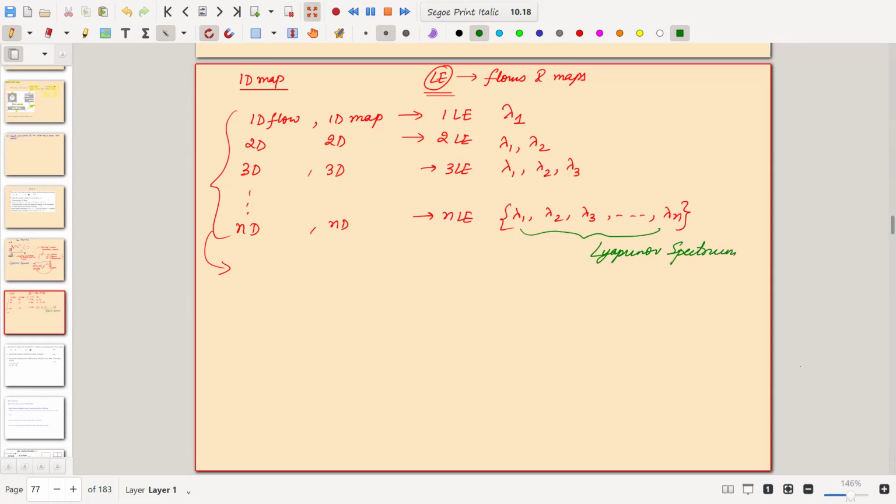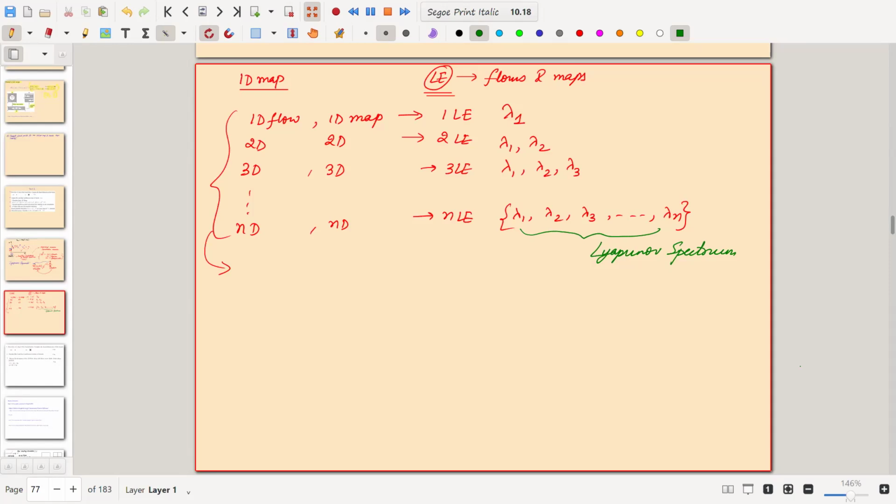This means the collection of all Lyapunov exponents together, just like your eigenvalue spectrum, which is the collection of all eigenvalues of the characteristic polynomial, right? Therefore, it is the Lyapunov spectrum. So what is the use of this?